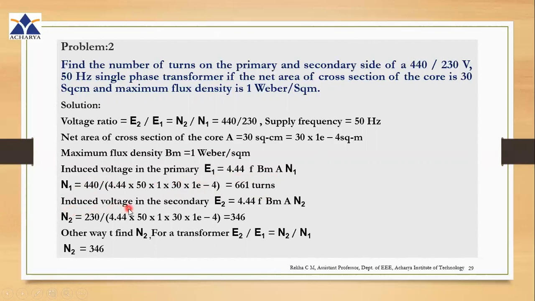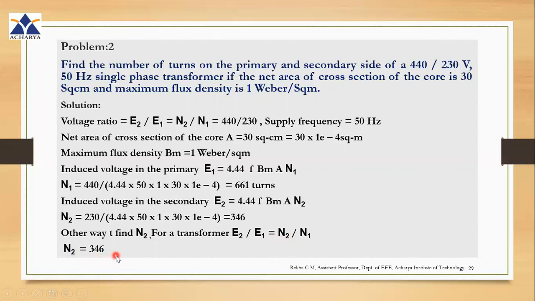Next, the induced voltage in the secondary, that is E2, is equal to 4.44 F Bm A into N2. So find N2 from this formula. One more way of finding N2 is by using the transformation ratio. So we get the answer as 346 turns.